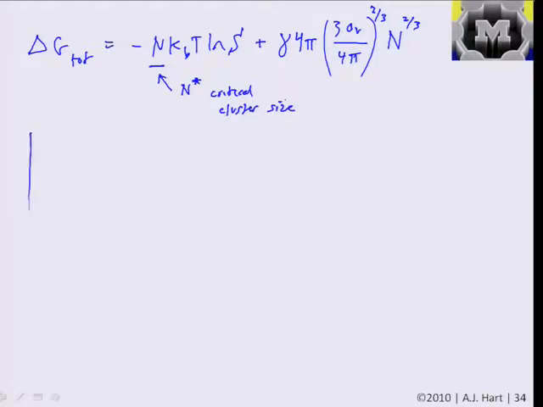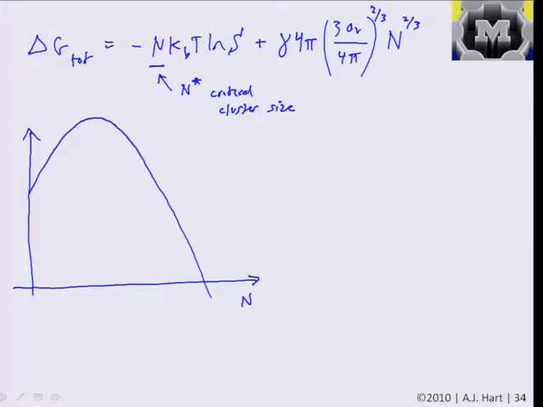And for example, if we plotted this expression delta G versus n, we would see that, like we had for melting, in a way, it's a parabola with a maximum point where the first derivative of delta G with n, the number of atoms in the system, is equal to 0. And that means that if we have a cluster that's smaller than our critical size n star, it is going to shrink.